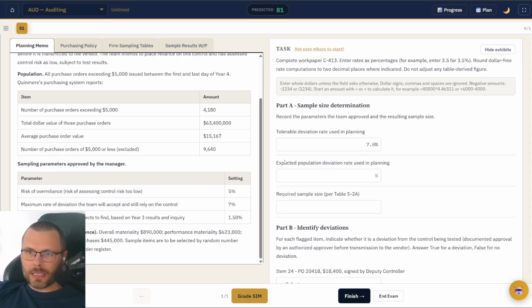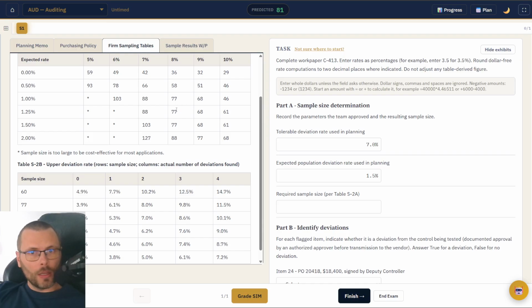Okay, so the next, expected population deviation rate, was also given to us in the same table, 1.5%. Same rules apply here. The rate of deviation we expect to find is the expected population deviation rate. So it's just stated a little differently, but pretty straightforward. Required sample size per table S2A. So there's going to be, in our firm documents, a couple of tables.